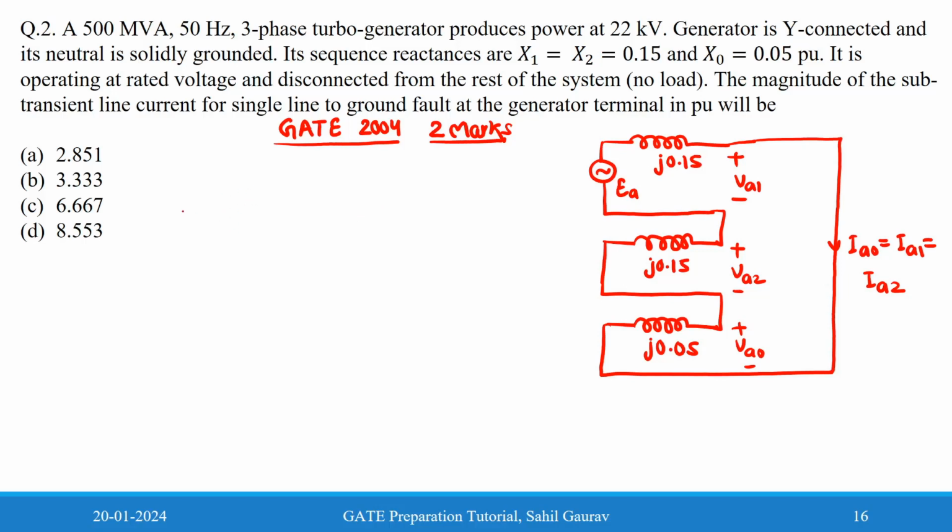So we know that IA1 is equal to IA2 is equal to IA0 is equal to EA divided by j(X1 plus X2 plus X0). No neutral impedance is there here; it is given that it is solidly grounded. That means neutral impedance is 0.